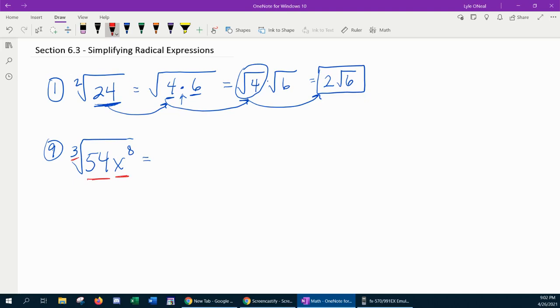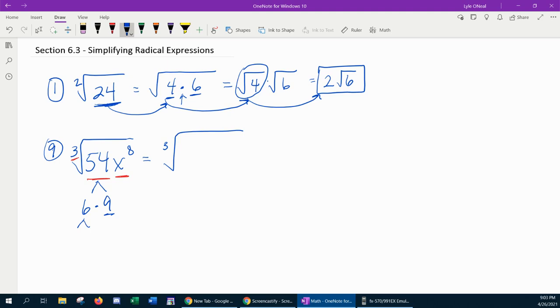So for the 54 first, we're going to have the cube root of numbers that multiply to make 54. I happen to know 6 times 9 is 54. 9 is a perfect square, but I need a perfect cube.